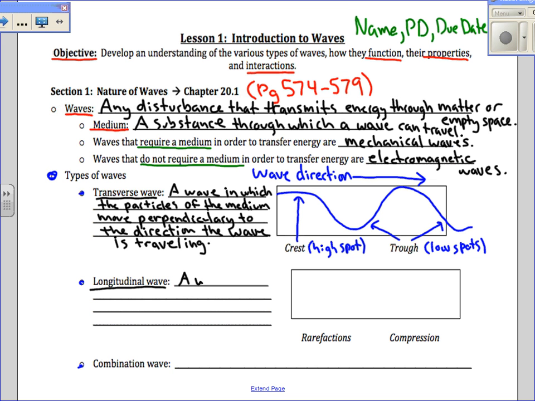This is a wave in which the particles of the medium vibrate parallel to the direction of wave motion.